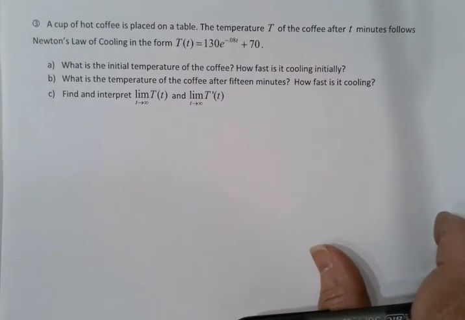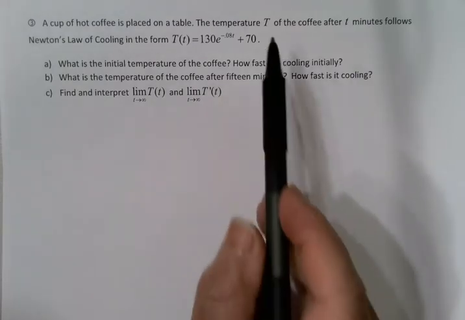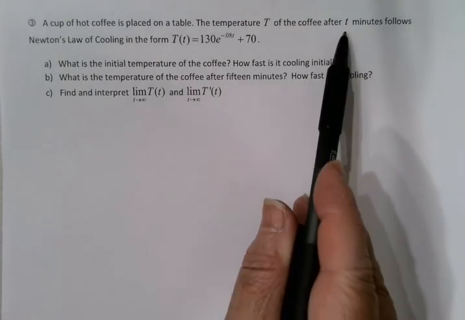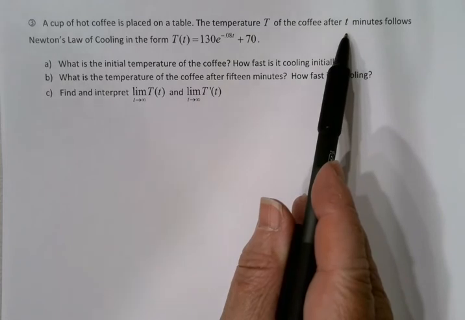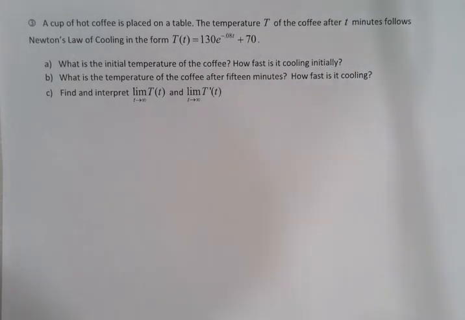Okay, let's try something other than a slope application. This next one, I think, is just a general rate of change application. In number 3, a cup of hot coffee is placed on a table. The temperature T of the coffee after little t minutes follows Newton's law of cooling, and the temperature is given by 130 e to the negative 0.08 times little t plus 70.